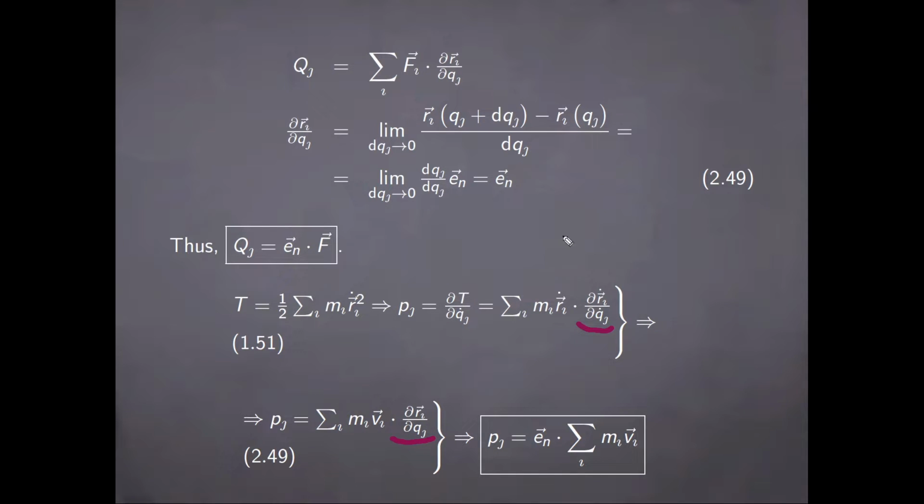And then if we make use of result 249, which gives us the value of this derivative in terms of the versor, it follows that Pj is given by the dot product of the total linear momentum of the system and the direction in which the system is moving.